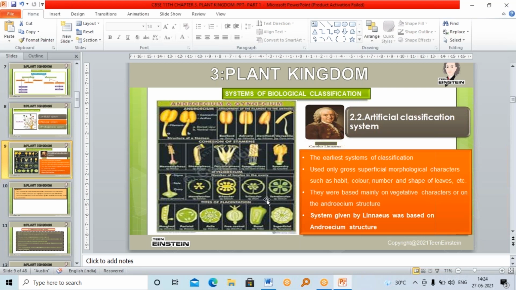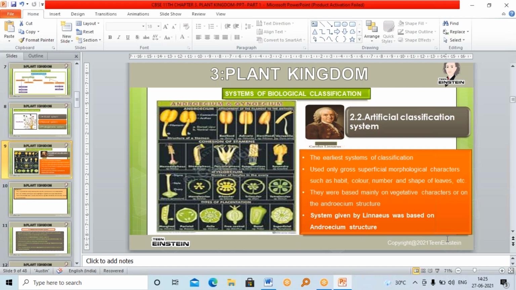They mainly considered vegetative characters or the androecium structure. So based on the superficial morphological characters or vegetative characters, they did the classification.